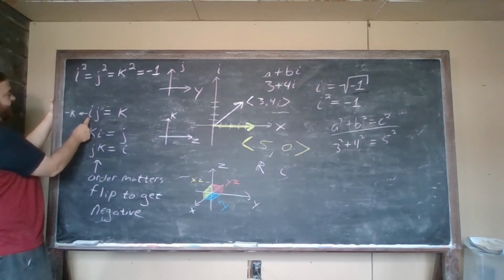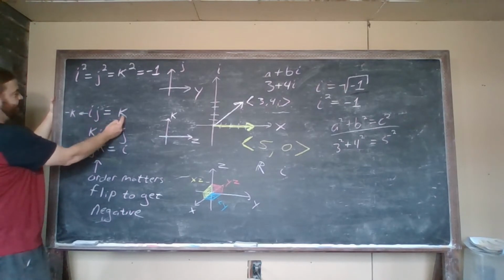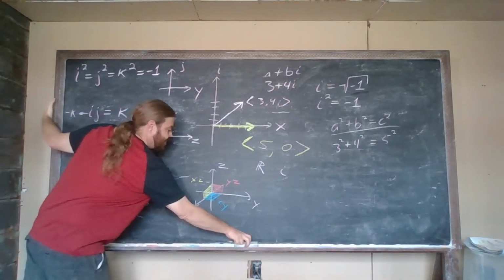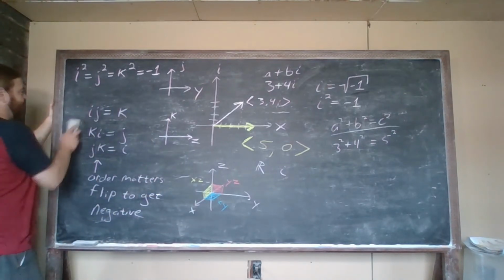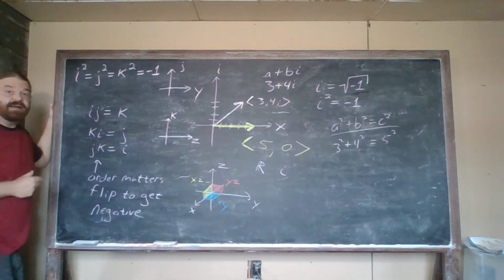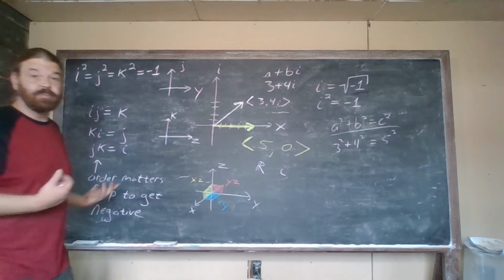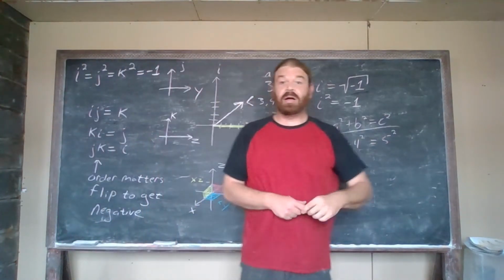So if we multiply this way, we get K. If we multiply this way, we get negative K. That's probably confusing to write it that way, but flip the order to get the negative. Flipping the order gives us the negative. And that's where we get the uniqueness from, the non-commutative part.